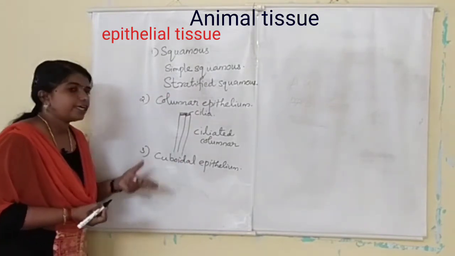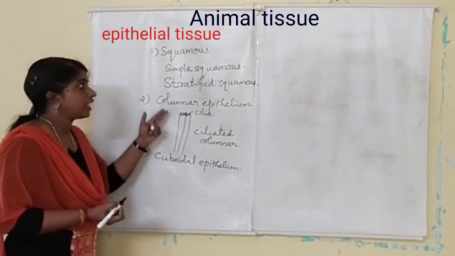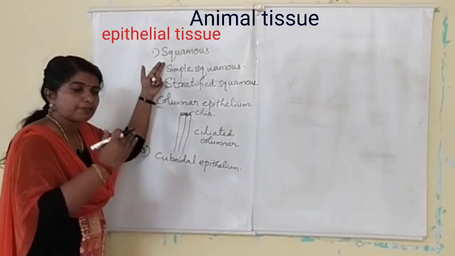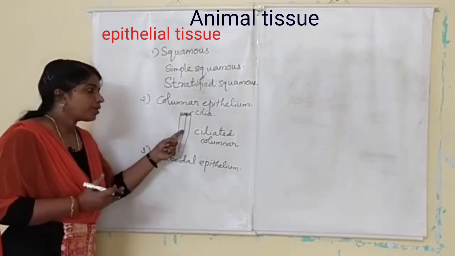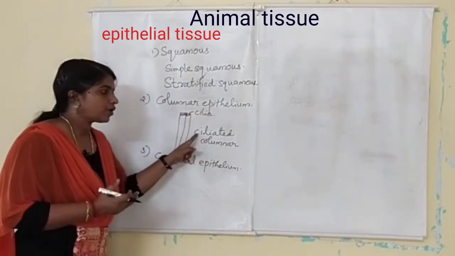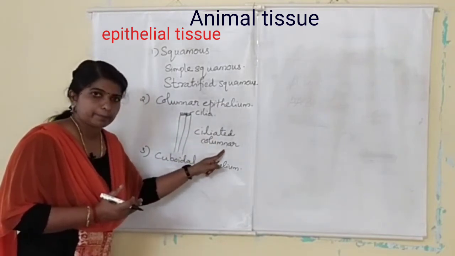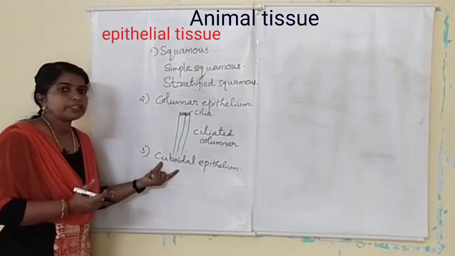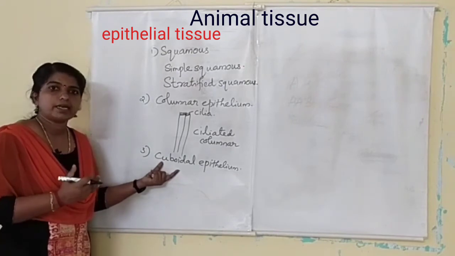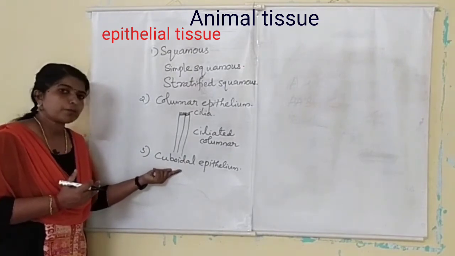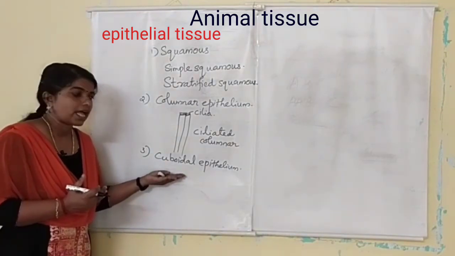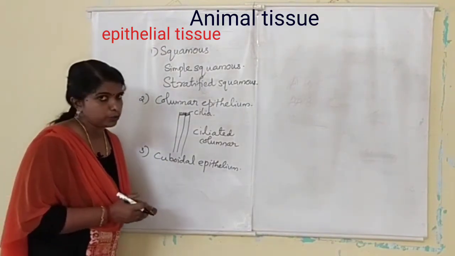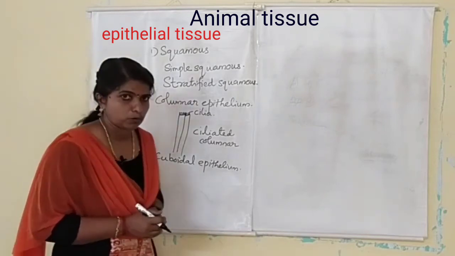So there are different types of epithelium. Squamous epithelium, they are flat cells. Columnar epithelium, elongated. Columnar epithelium with the cilia is called ciliated columnar epithelium. Cuboidal epithelial cells are cube-like. It is normally present in the ducts of salivary glands and in the kidney tubules that provide support.